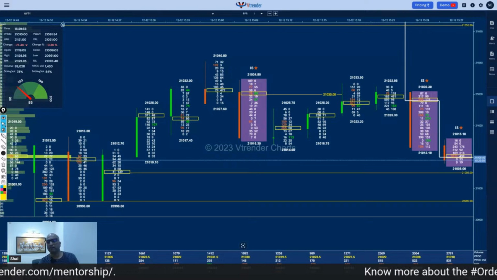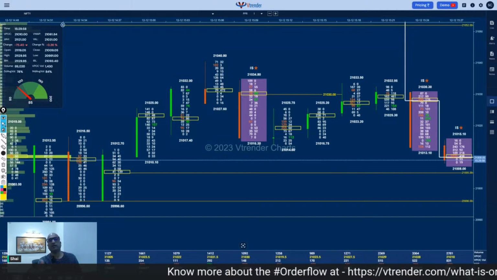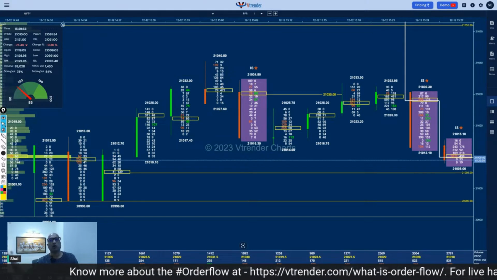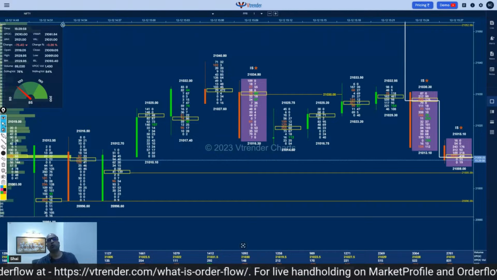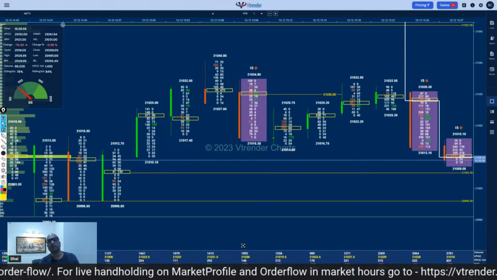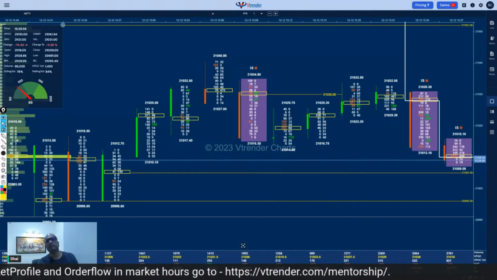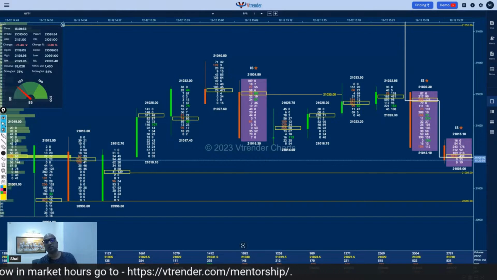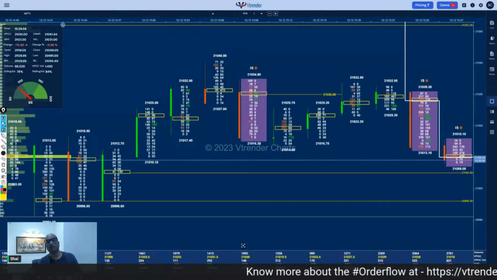Say your LTP is around 21,009. A limit order could be anywhere between 21,033 to 35 or 15, 21,050, or even, if the exchange's 1% rule allows it, any number above that 1% limit also. So any number above the LTP or below the LTP, and your stated order quantity, is what constitutes a limit order. You cannot input a limit order without specifying your quantity or your volume.